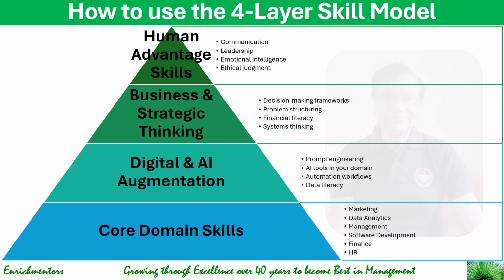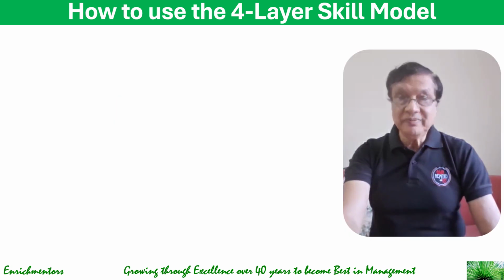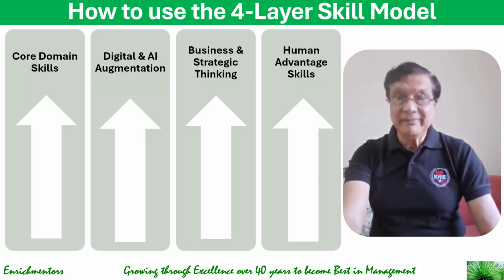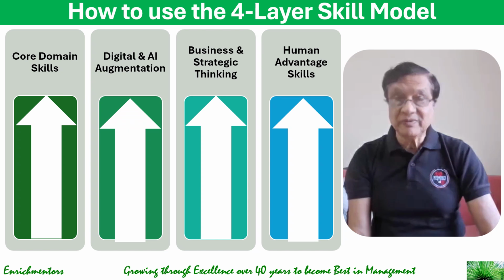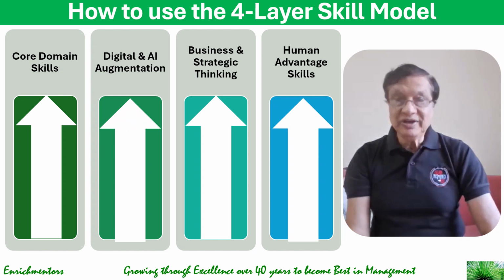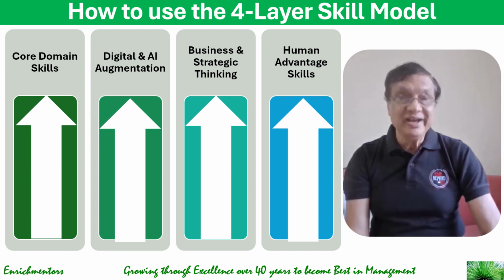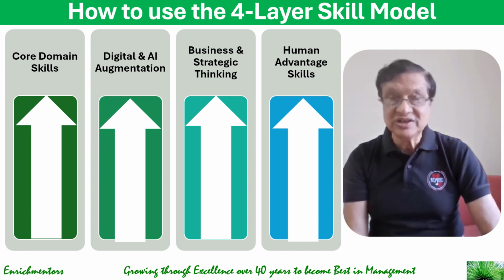Any thoughts on that? Using a four-layer skill model means organizing your learning so that you build a balanced, future-ready professional profile. Instead of learning randomly, you divide your development into four continuous layers, the four layers that you see here, and you learn them together and improve each layer steadily.